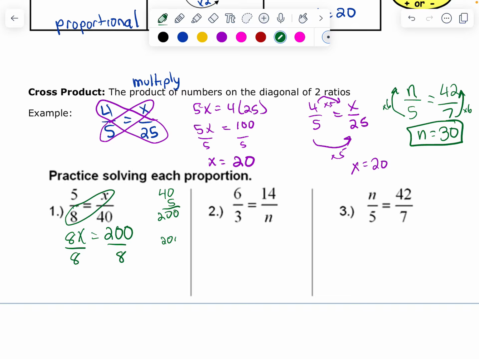So 200 divided by 8 is 25. So x equals 25. I also can come here and do it a different way and say times 5. This would be times 5, and 5 times 5 is x equals 25.